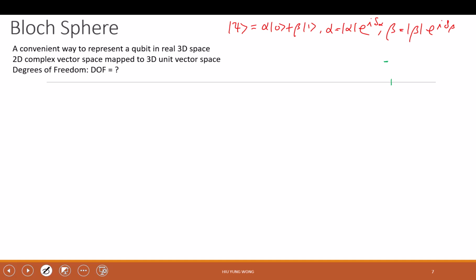It means that to fix the state, how many parameters do I need so that I have a definite state for what I just showed you?